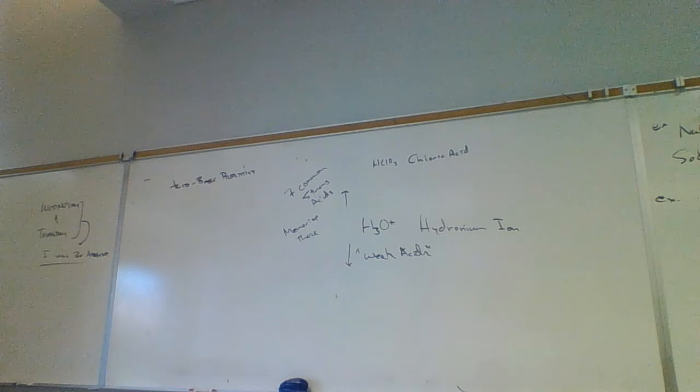Most people call it by the ionic name, not the acid name. If you name that as an ionic compound, what would it be? Hydrogen sulfide, the rotten egg gas. Or, as an acid, what would you call it? You call it hydrosulfuric acid.